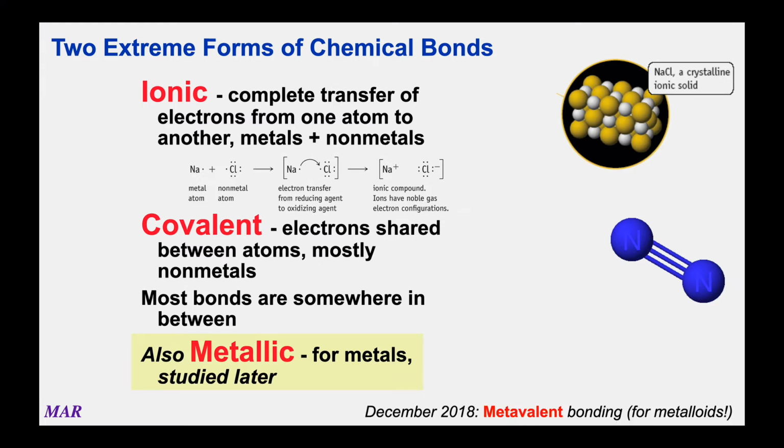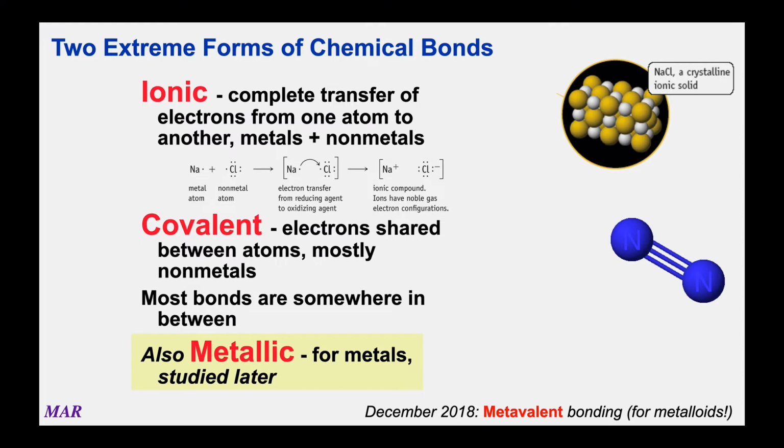Also, as of December 2018, there's an idea floating around that there's something called metavalent bonding, which is mostly for metalloids. I think of it as the halfway point between ionic and covalent bonds. Metavalent bonding is still very new, so there's going to be more coming out about it, I'm sure.